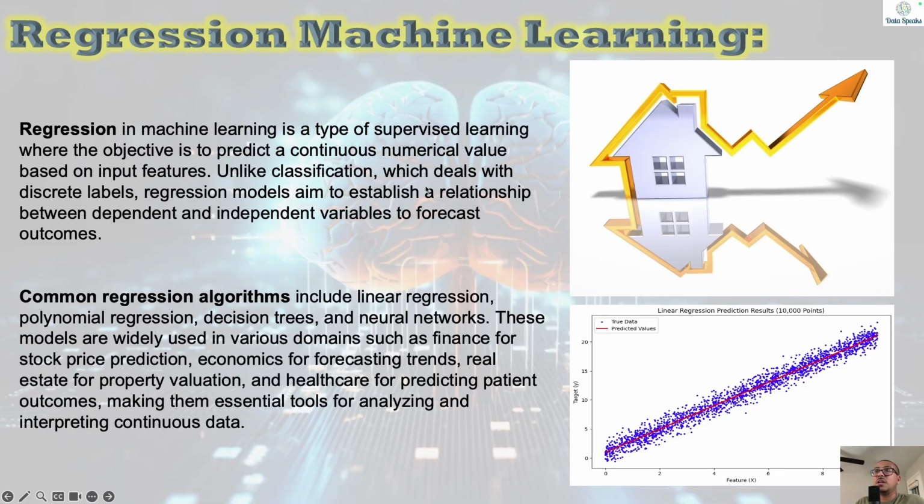Unlike classification, which deals with discrete labels, regression models aim to establish a relationship between the dependent and independent variables to forecast outcomes. That being said, it looks at when the value of x increases, does the value of y also increase or decrease? And that's how we look at the relationship between the features, the information provided, against the target variable that we want to predict.